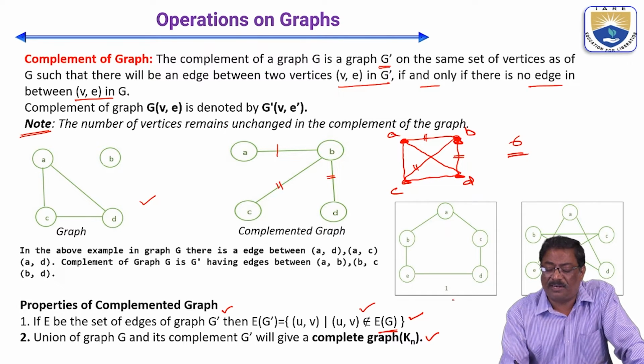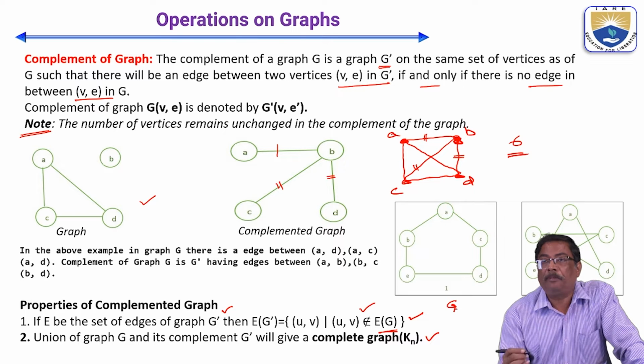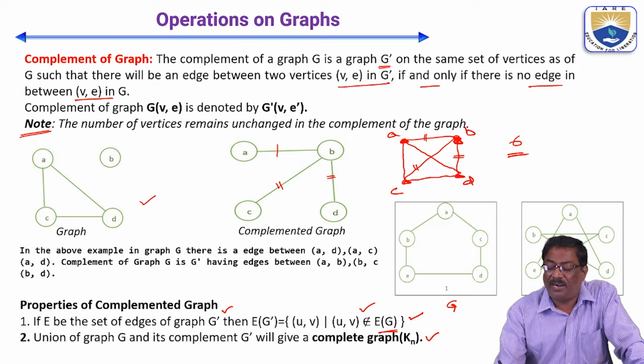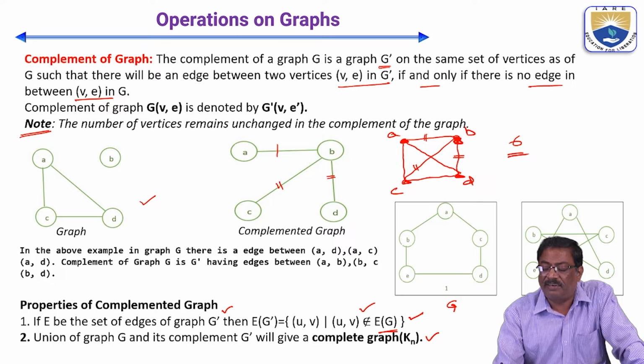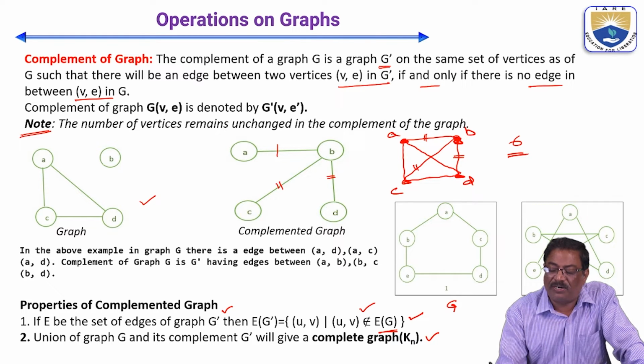Suppose, let us say this is Z, this is the graph, and its complement is this. I am just taking the complement, we can define it as G bar or G dash, whatever it is. Here I am defining it with G dash.